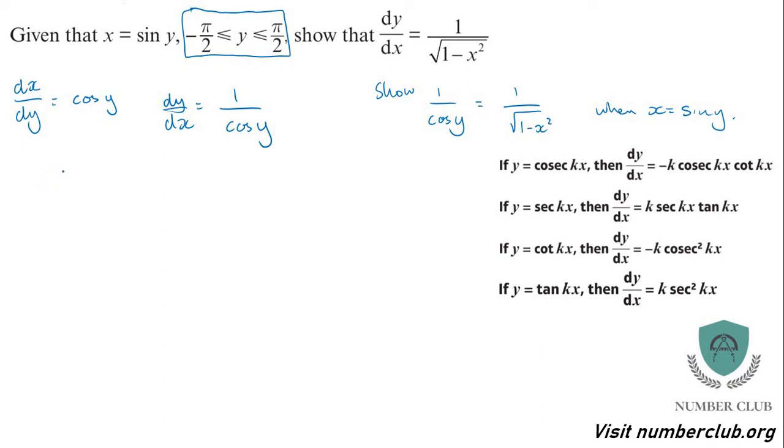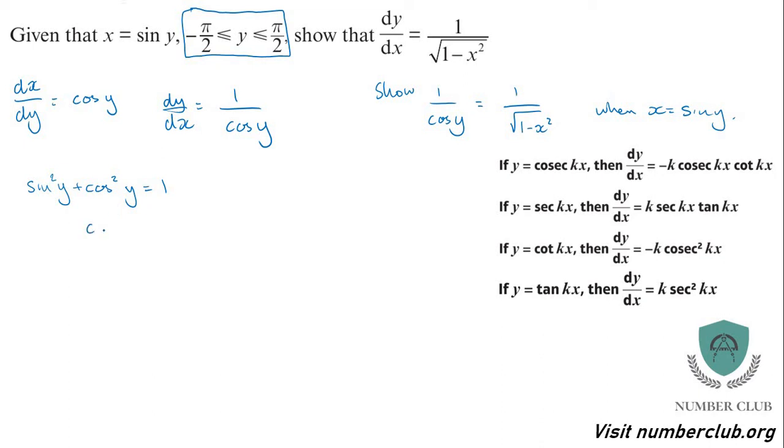So what we're going to do is look at the trig identity, which is sine squared y plus cos squared y equals 1. We know that. That's definitely the case.